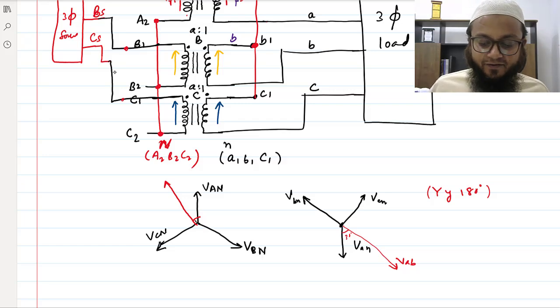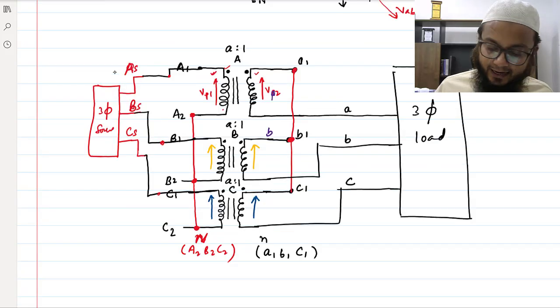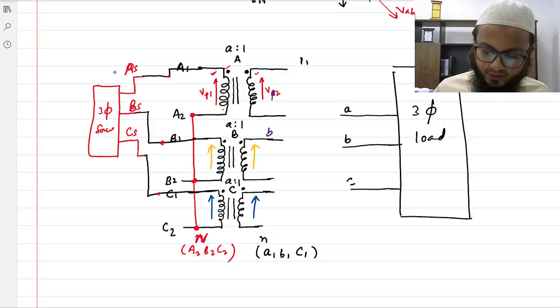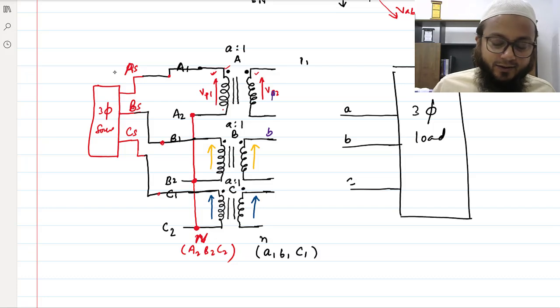Now in the same configuration, let's say someone decides, okay, I won't connect as per the notations, where this is the positive terminal and this is the negative terminal. After all, how does the winding know which point has been made the star point or the neutral point?